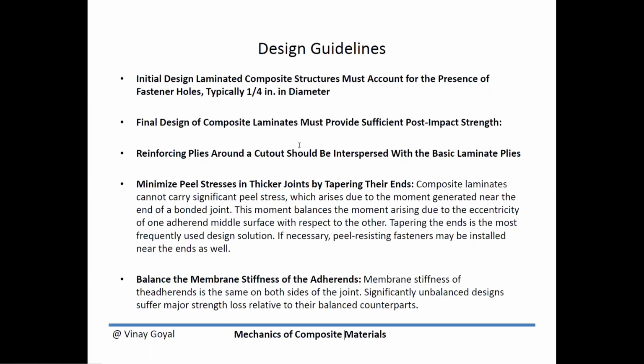So it's important to consider tapering the ends. That's used as a design solution, and sometimes they use peel fasteners to keep the ends together. That's one approach, but in general, you want to minimize the peel stress in thicker joints by tapering the ends towards the free edge, as an example.